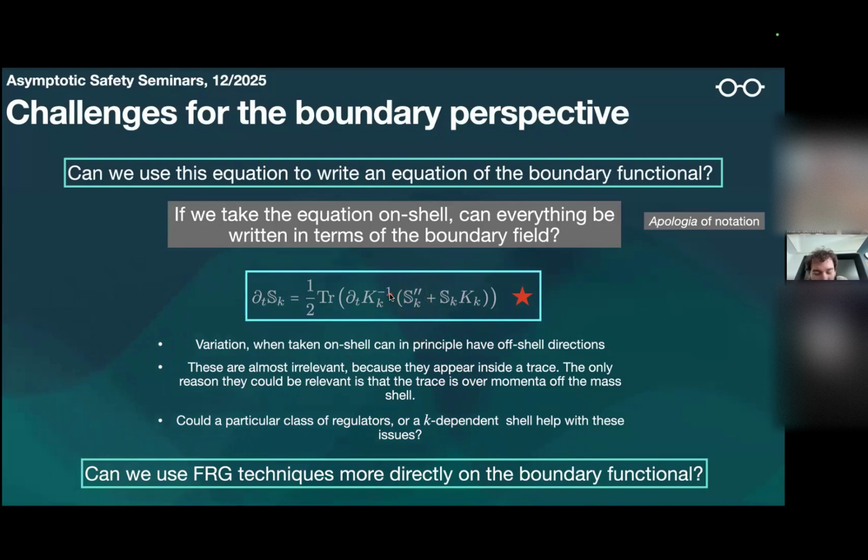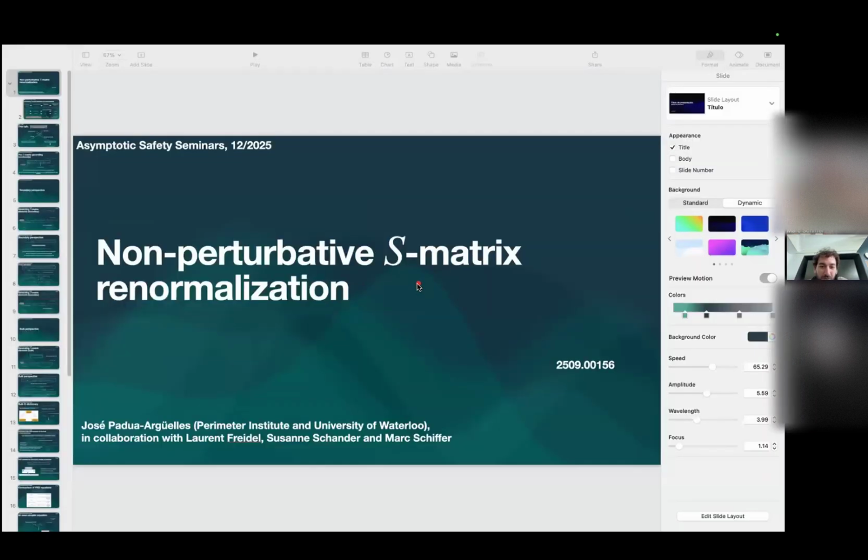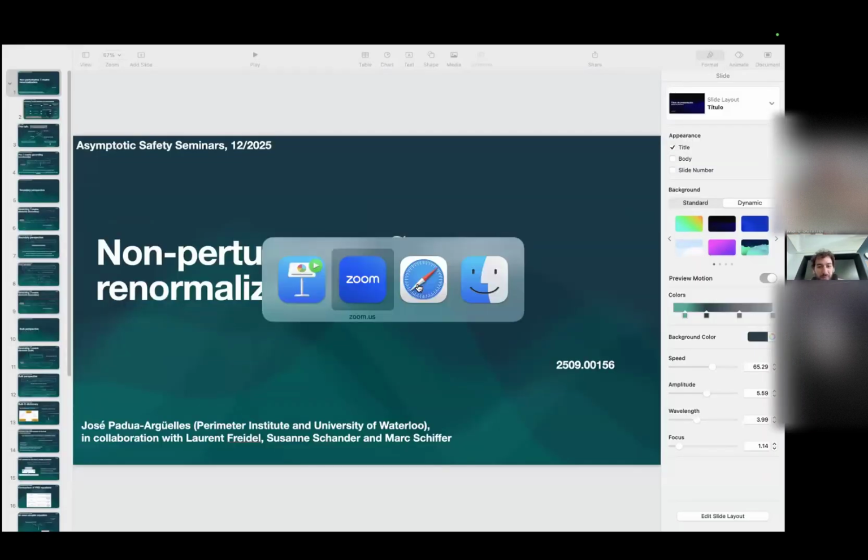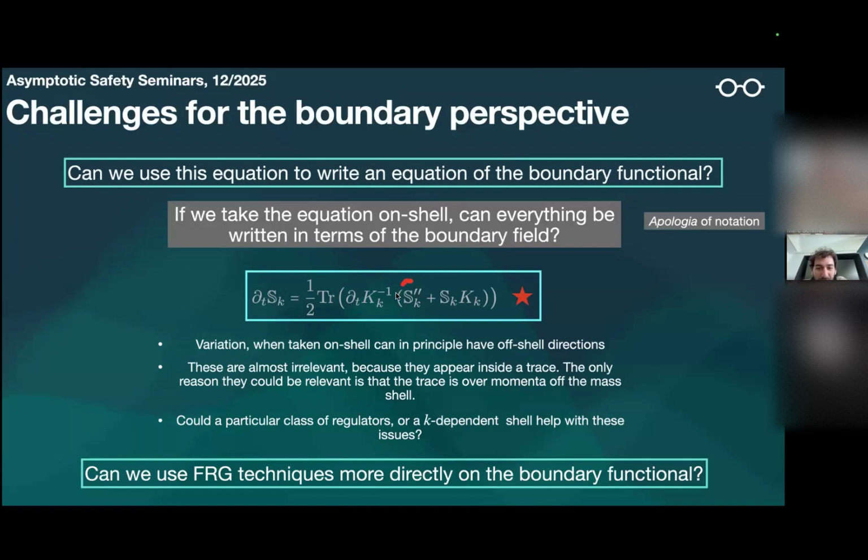However, this off-shell information is almost irrelevant because this Hessian is appearing inside a trace. So you see, because this appears inside a trace, if I take this trace in momentum space, what I'm basically doing is contracting this Hessian with some Fourier modes.